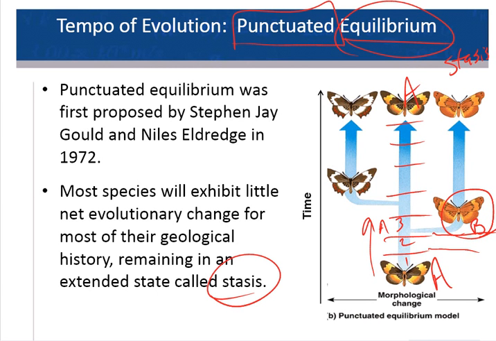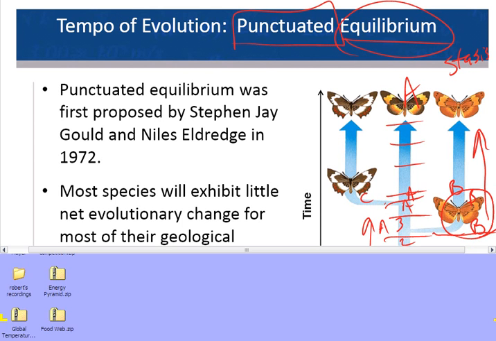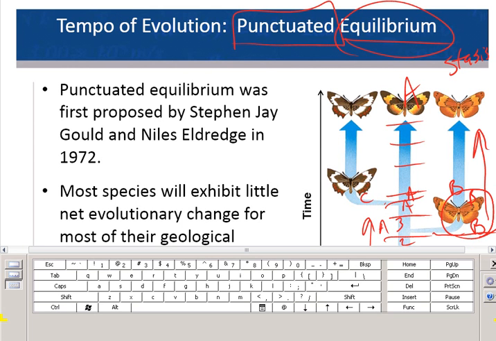Now notice A could still be there. And so now in the next layer of rock, we've still got A, we've still got B, and then in the very next layer of rock, boom, now we've got species C showing up. We still have A, still have B. And now, once B is established, notice on the right, it stays as B for millions of years. So that's the equilibrium part of the name again. Species C, boom, punctuated the equilibrium of A by suddenly showing up in the next layer of rock.